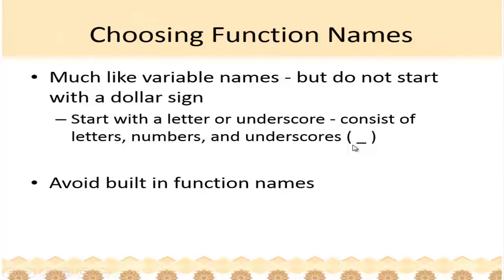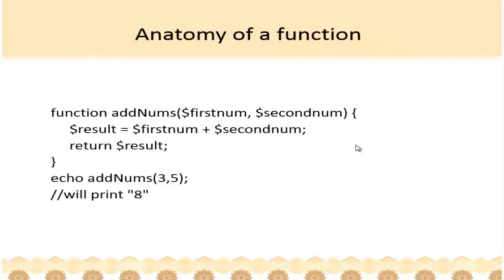Even though it is valid, try not to use the underscore as your function name, because it means something, and you will come to know why you are supposed to avoid it. Also, avoid the built-in function names, otherwise you will confuse yourself. PHP will not get confused, you yourself will get confused.